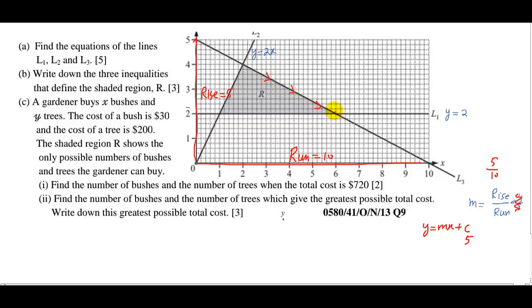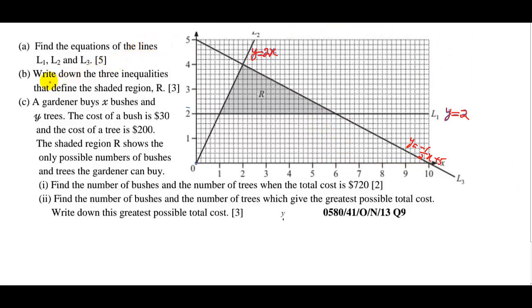The line which comes down has a negative gradient, so let me put a negative sign in. Finally, the gradient is minus 1 over 2. The equation of this line is y = mx + c, with m equal to minus 1 over 2 and c equal to 5. Now we have found the equations of all 3 lines.